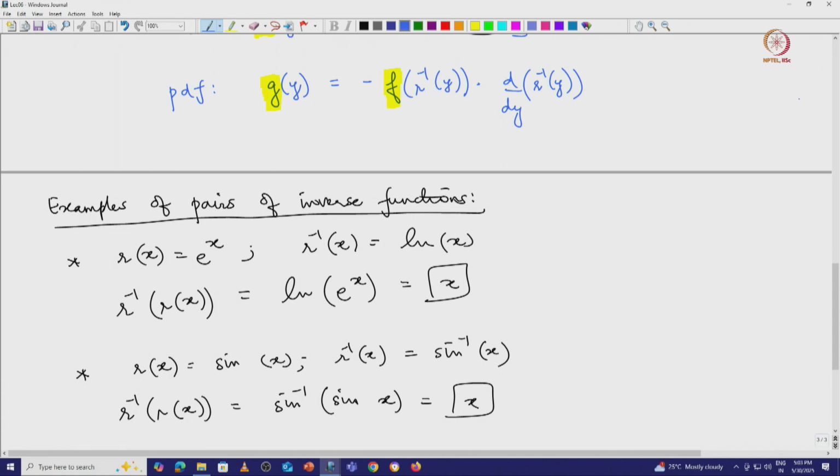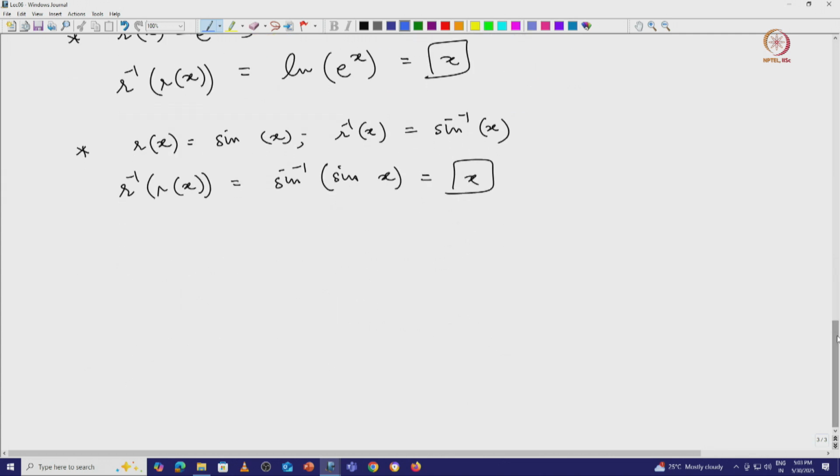So, now let us take the real example that we wanted to consider of conversion from one type of random variable to another type of random variable. In this example, we are tasked with the following: let x be a uniformly distributed random number in the interval 0 to 1.